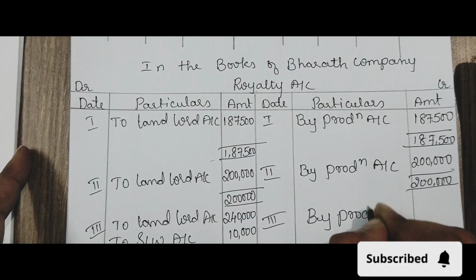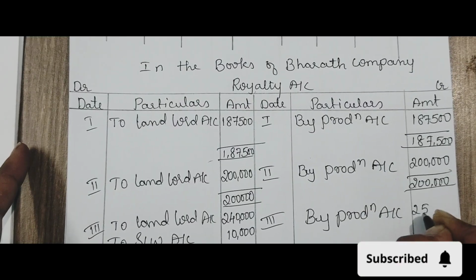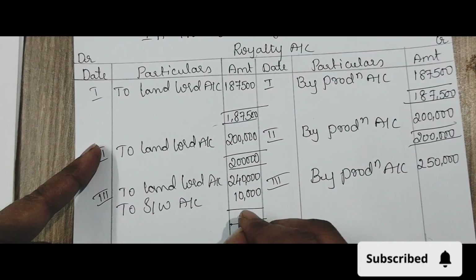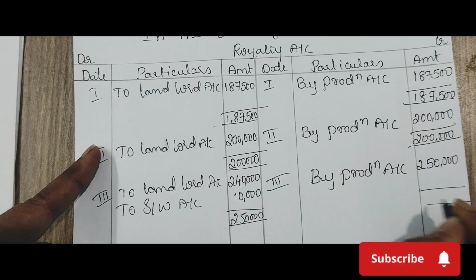Production account, by production account 2,50,000. Close the book of account.